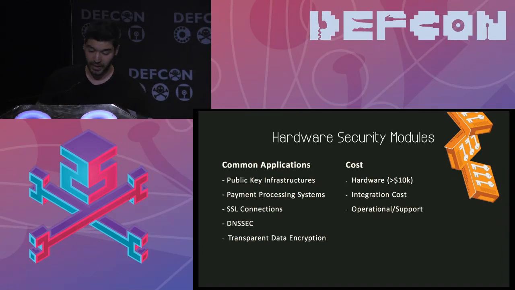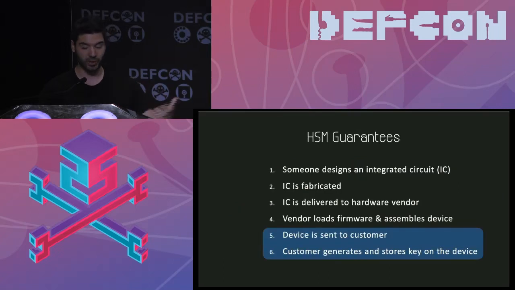It's very popular, and vendors are willing to pay the very high cost that comes with them. The 10K that we have here on the slide is the very, very low end of it. Usually it's much higher. And then there are lots of other costs that are usually hard to quantify, but they're quite high, that have to do with integrating the HSM once you buy it and then operating it and supporting it throughout the years.